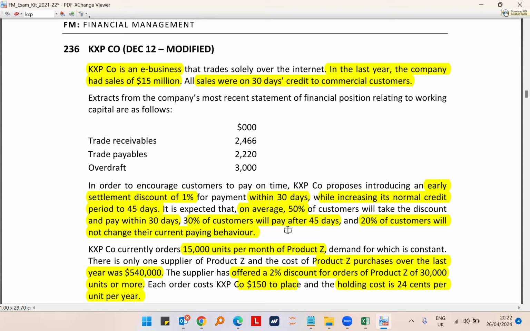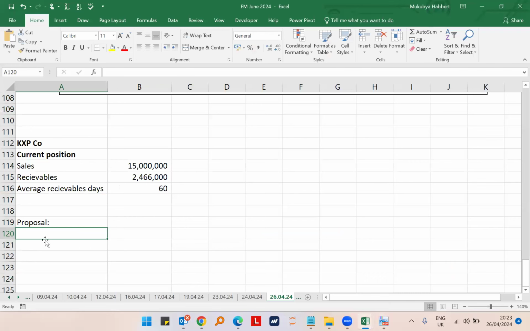We already know that 50% will take 30 days, 30% will take 45, and 20% will not change. That means the new position is going to be, let's start with the average receivable days.